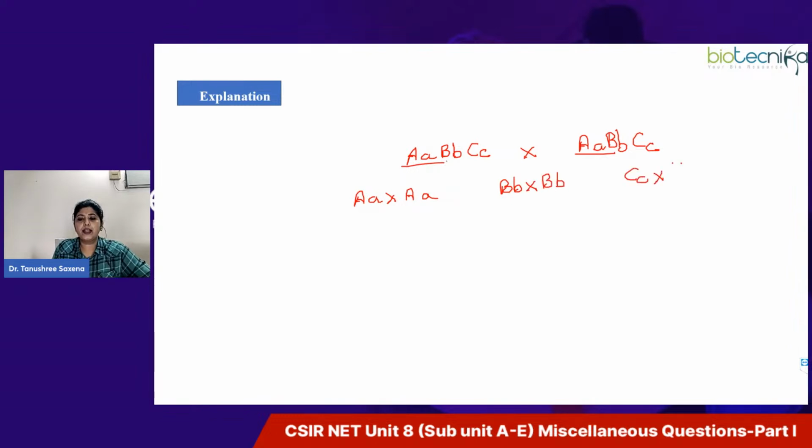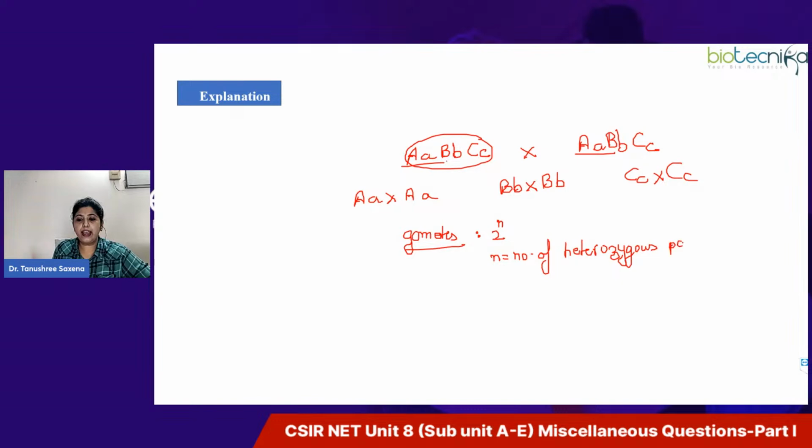So instead of doing all these things, you know that if it's a trihybrid cross, how many gametes will be formed? We have a very simple mathematical rule that we can use for determining the number of gametes, that is 2 raised to power n, where n is the number of heterozygous gene pairs, right? And you can see that here we have 3 heterozygous gene pairs.